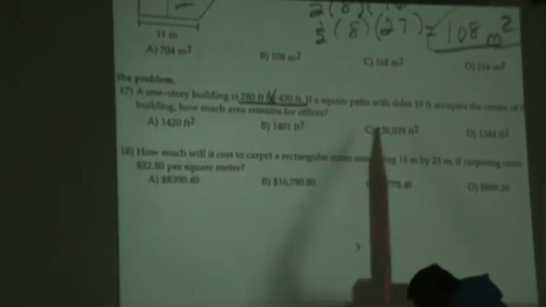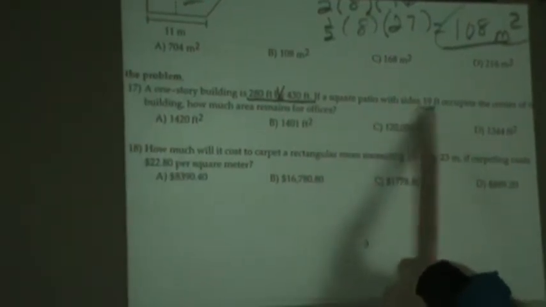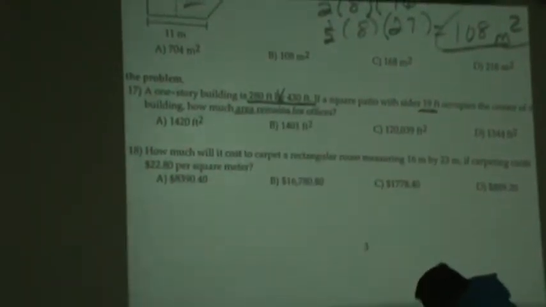Okay, number 17. One-story building is 280 by 430 feet. If a square patio with sides 19 feet occupies the center, how much area remains? Let's draw a picture. Okay, you have a rectangular one-story building, 280 by 430.